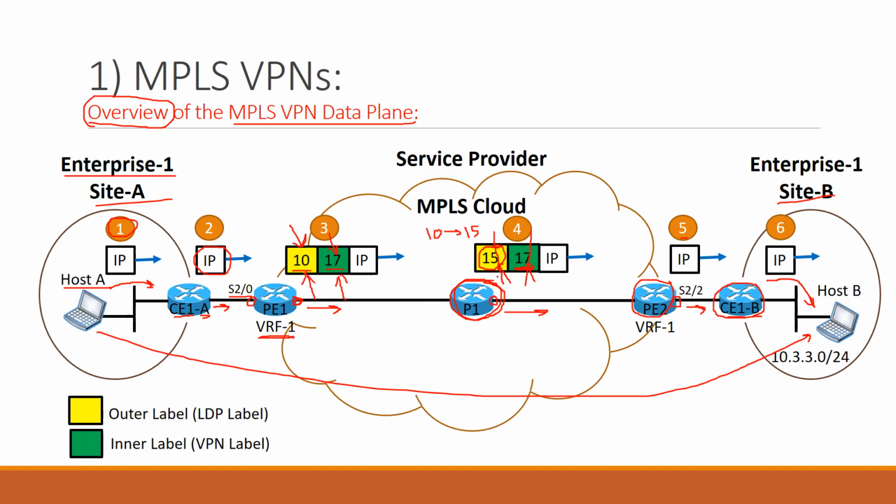Provider routers take action based on the outer label, and the egress provider edge router takes action based on the inner and outer labels. And as mentioned here, the yellow square is the outer label, we call it the LDP label, and the green square is the inner label, we call it the VPN label.